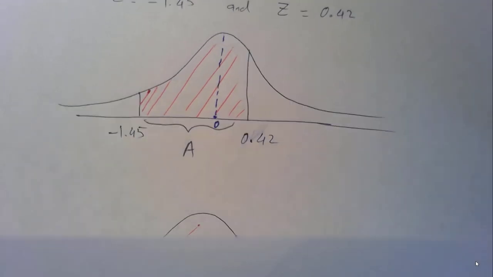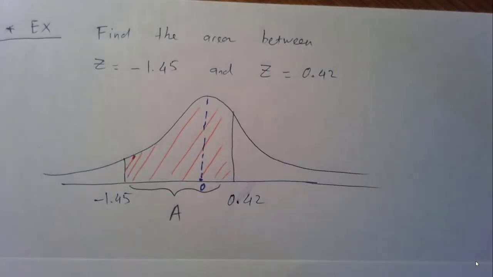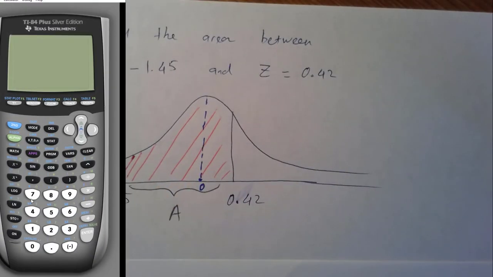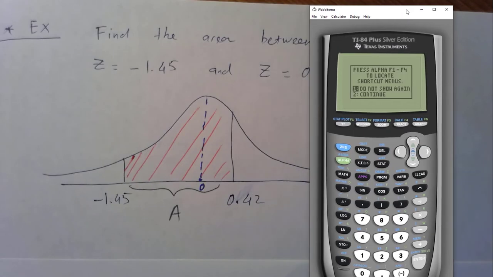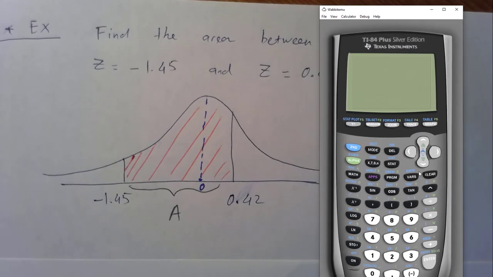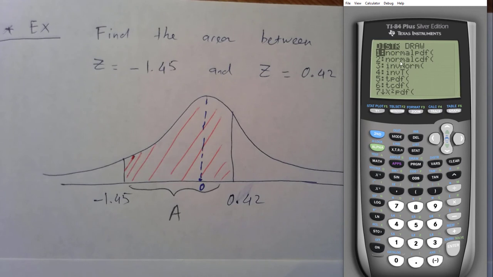Now we can also use the TI-84 calculator to help find the area between these two values. Let's take a quick look at that. What we do now is go to 2nd VARS to get the distributions. Because this is the normal distribution curve, we use normalcdf.